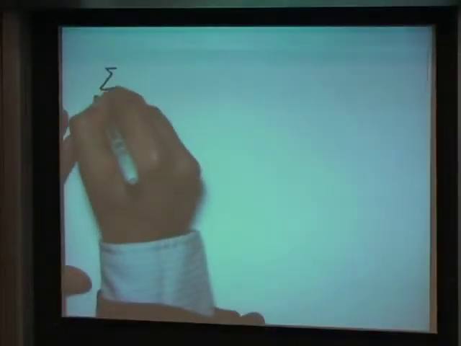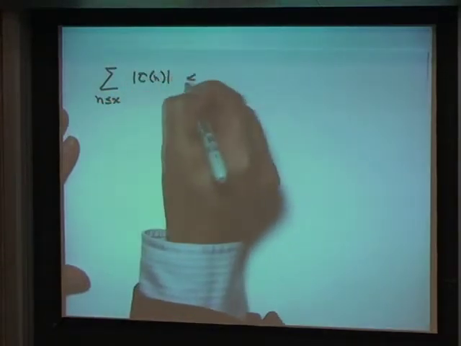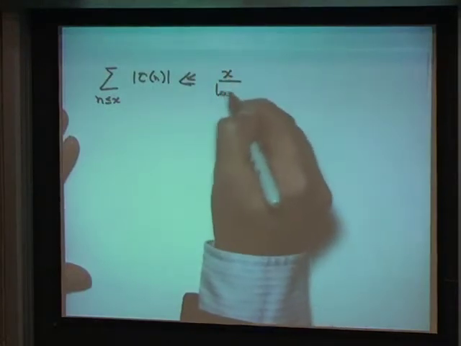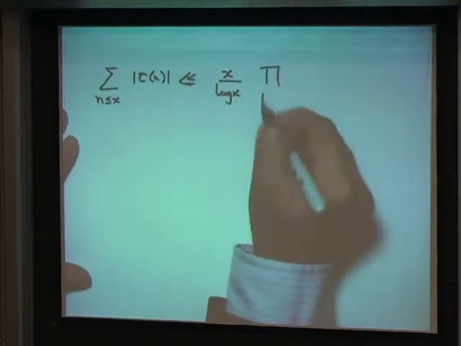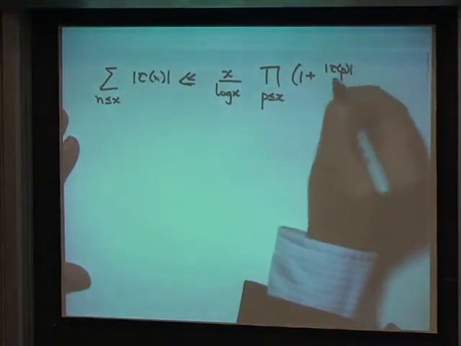Okay, so now let me return to the absolute value of tau(n). And you can see that fits nicely into this. The tau(p)'s are less than 2 in size. So I immediately get that the sum over n up to x of |tau(n)| is bounded in size by some constant times x over log x times the product over p of 1 plus |tau(p)| over p plus so on.